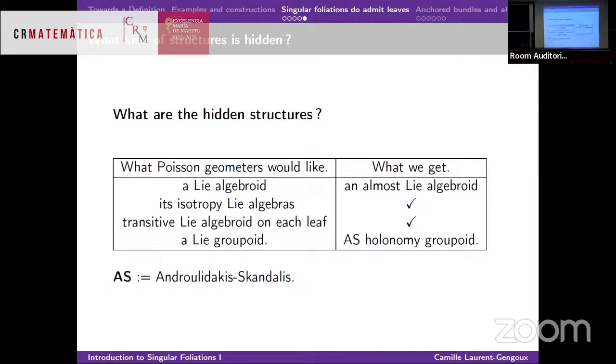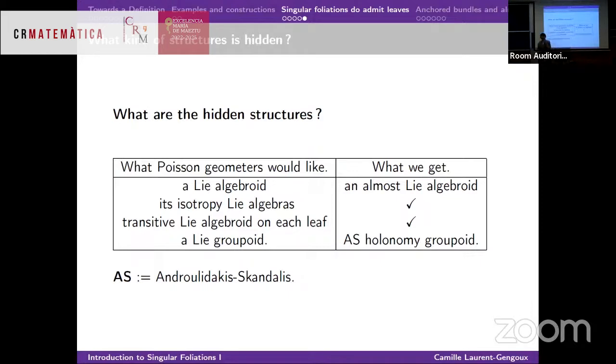What happens for singular foliations? Well, we still have a groupoid, but it's not a Lie groupoid. It's called the holonomy groupoid, and it's a longitudinally very good, but transversally very nasty groupoid. I'm going to explain this.